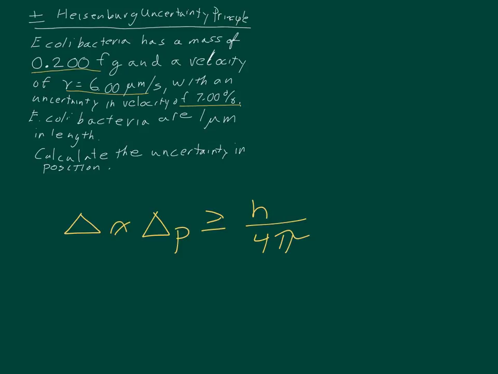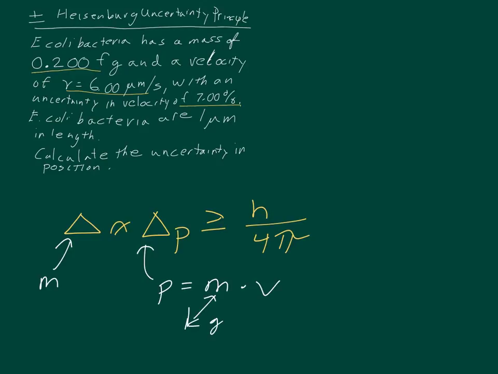First and foremost is the units. Your uncertainty in position is going to be in meters. Second, what is momentum? If you haven't had physics in a while, you may have forgotten momentum is mass times velocity. And mass, according to the SI system, has to be in kilograms.